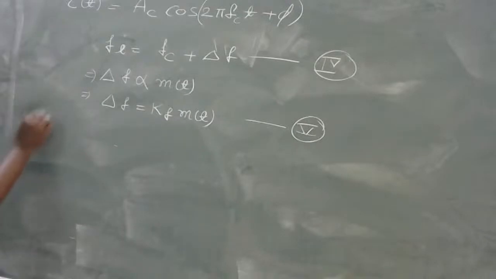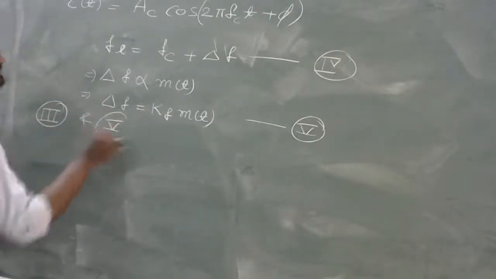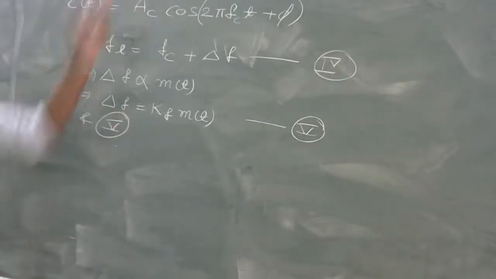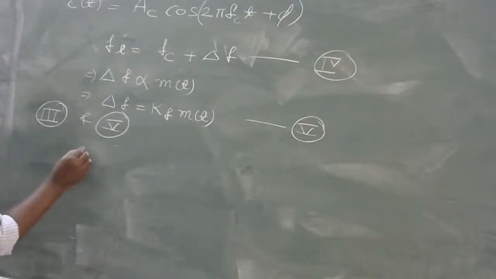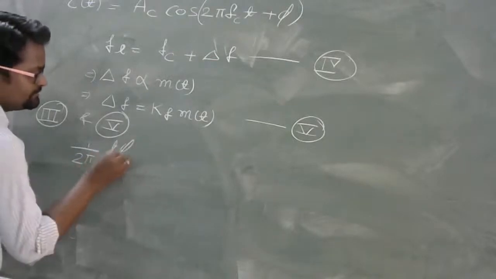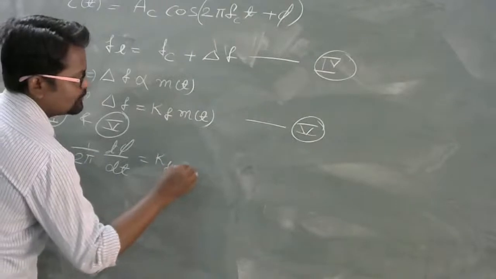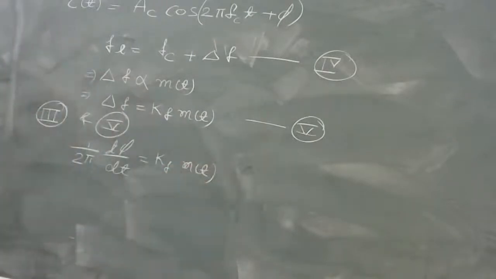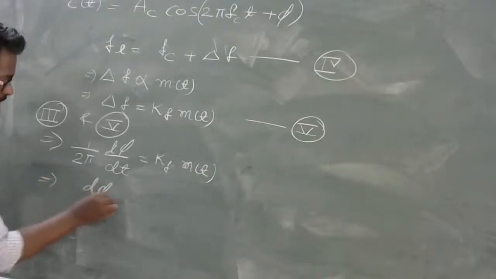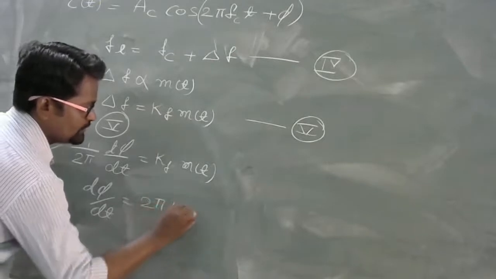By using equation number 3 and equation number 5, we can write 1 upon 2 pi d phi by dt equals Kf into m(t). Is it clear? Now, d phi by dt equals 2 pi into Kf into m(t).